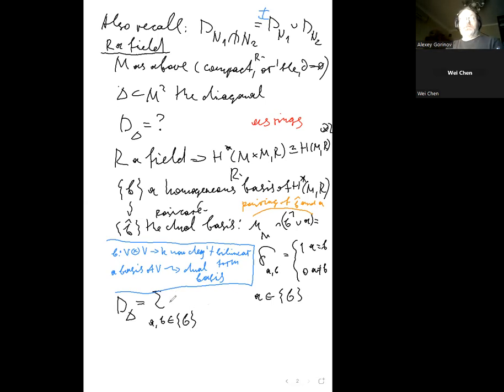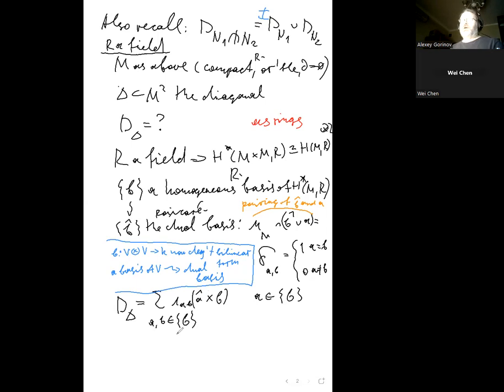For general reasons, we are able to write something like this: the sum of lambda AB times A roof cross B. Well, what is A and what is B?